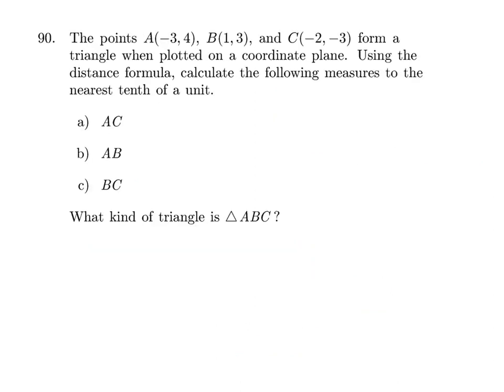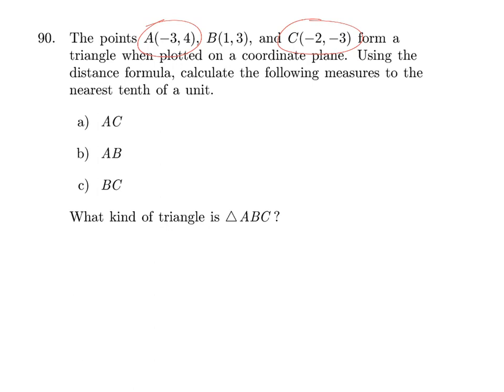The points that they show here form a triangle plotted on a coordinate plane. Using the distance formula, calculate the following measures to the nearest tenth of a unit. So AC. I have to use the distance formula 3 times. Looks like it.